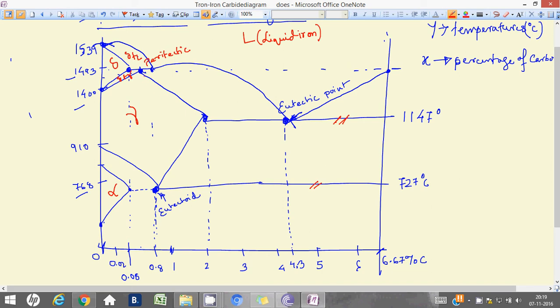Next, this is alpha plus gamma. We should know one thing, up to 0.8%, this is hypoeutectoid. This entire region is eutectoid, so this portion is hypoeutectoid and this region is hypereutectoid.